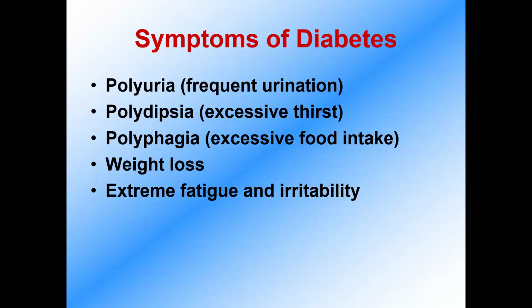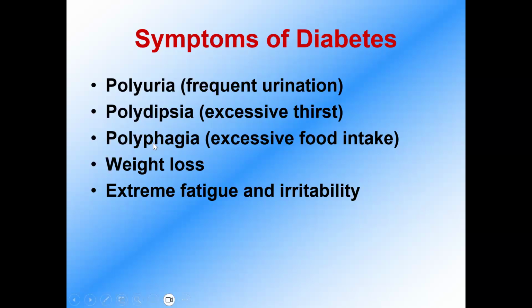So they feel dehydrated, and actually they become dehydrated because they are producing a lot of urine and losing a lot of water from their body. Dehydration stimulates the thirst center, so they feel excessive thirst, and they need to drink a lot of water.